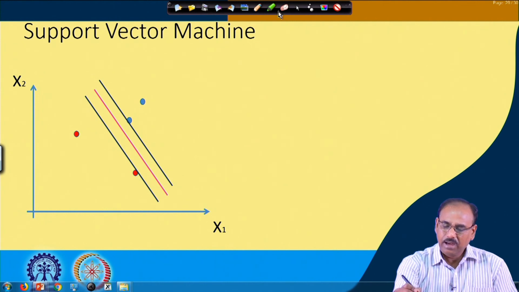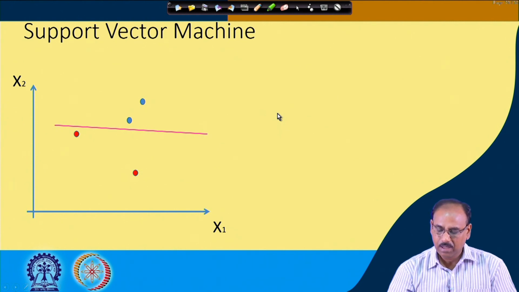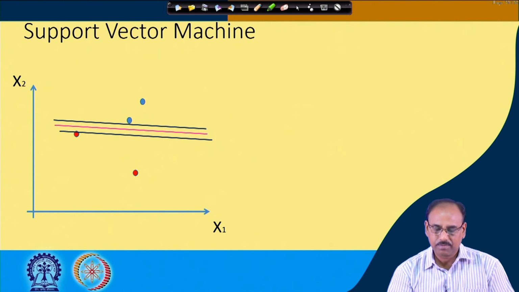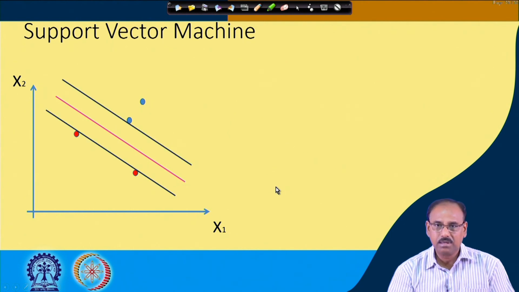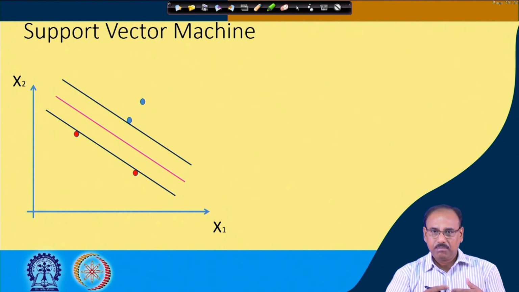On the other hand, if I take some other orientation of the separating plane, say this, now the margin or my confidence level in classification is this much. Let us take another, say this one, the margin is this. So, you find that for every orientation of the separating plane, I have different margins. If my classifier is proper, or the separating plane is robust, then I must take that particular separating plane which maximizes the margin.